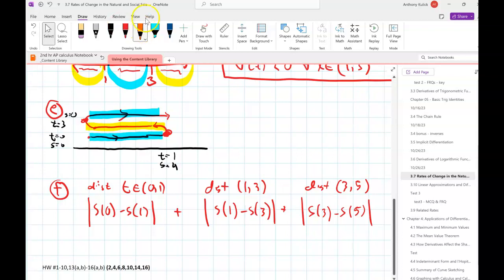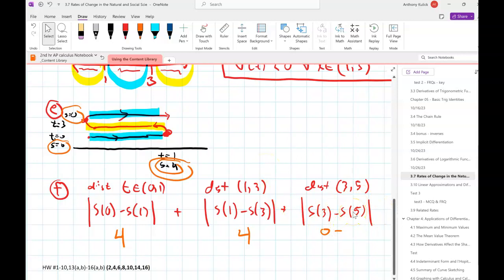Now, I know what this first number is. Who can tell me what it is from looking at the diagram we just drew above? Yep. How about for the next piece? Negative. So, I know s of 3 is 0 because that's a 0.